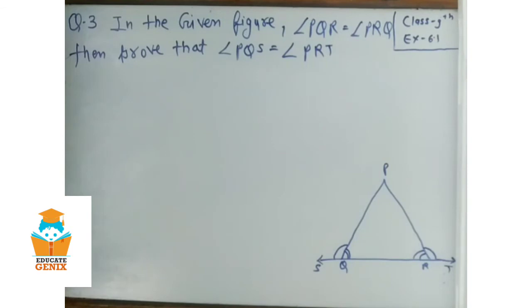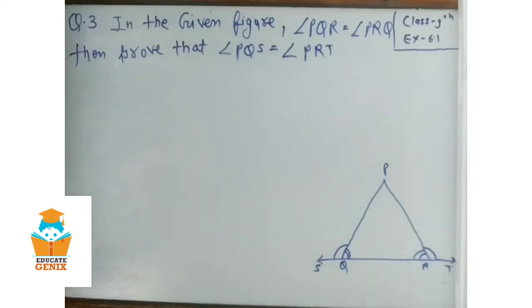Next question, question number 3. In the given figure, angle PQR equals angle PRQ, and we have to prove that angle PQS equals angle PRT. As you can see in the figure, it is already given that angle PQR equals angle PRQ.